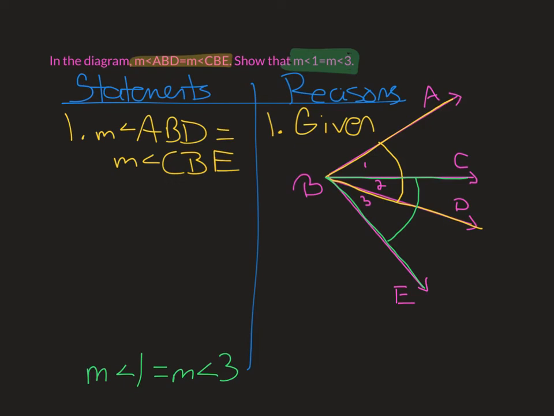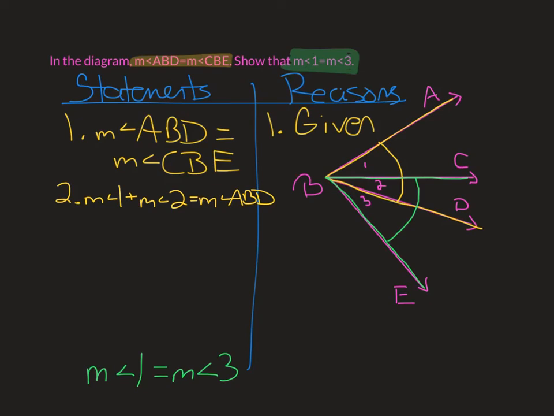So the measure of ABD, if we're looking back up at statement number 1, notice when I drew this on the diagram, it covered angle 1 and angle 2. That's where I'm going to go next. I'm going to say the measure of angle 1 plus the measure of angle 2. That's what gave me ABD. How did I know that?